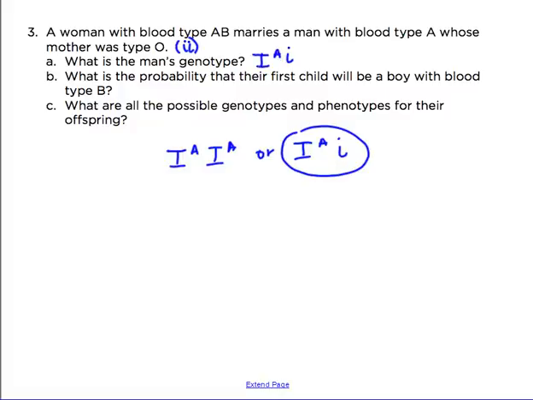So let's do the cross for this married couple. So we know his genotype is big I A, little i, and her genotype, because she's AB, must be big I A, big I B. So let's do the Punnett square.